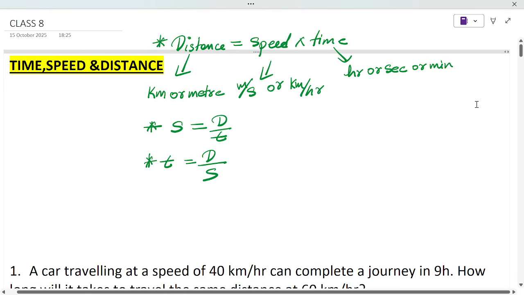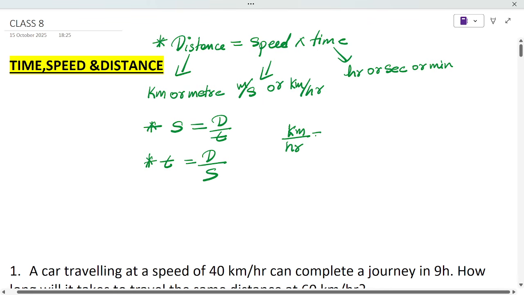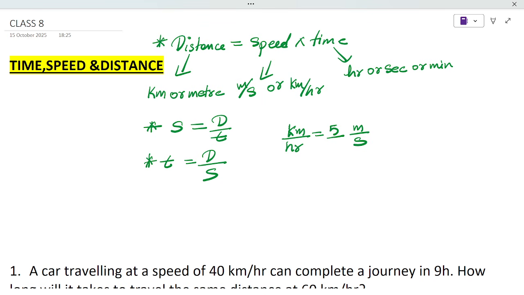Now again one more thing. In terms of speed, if you want to convert from kilometer per hour to meter per second, then you just multiply the value by 5 by 18.